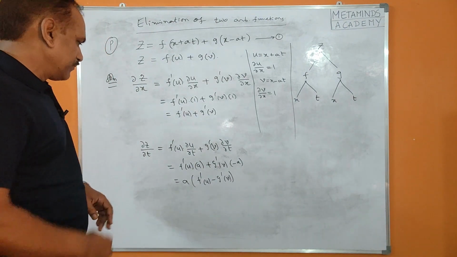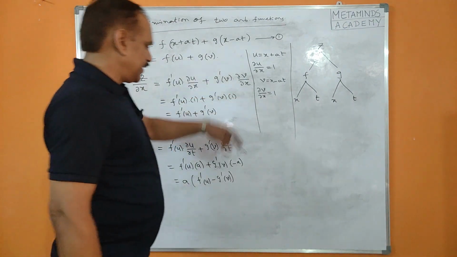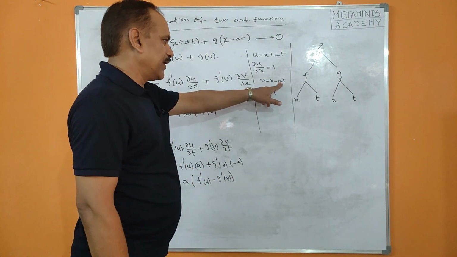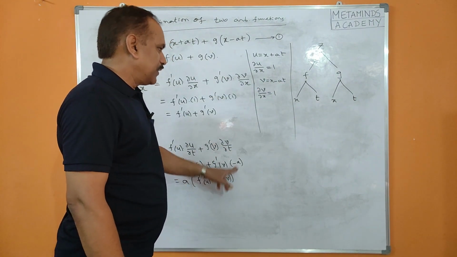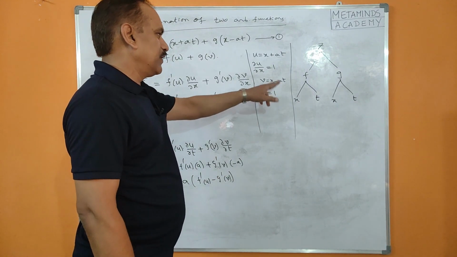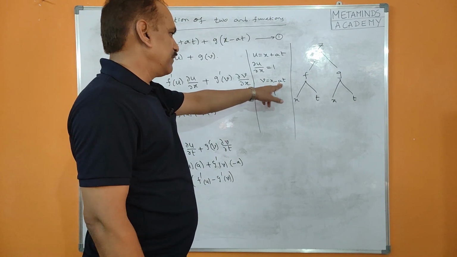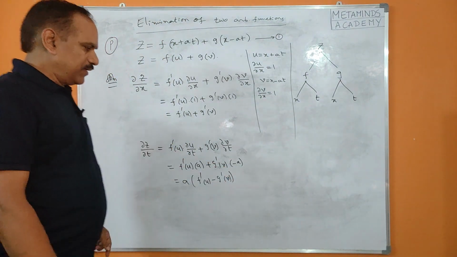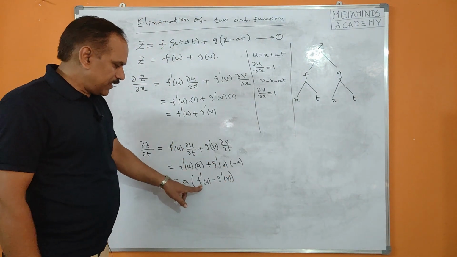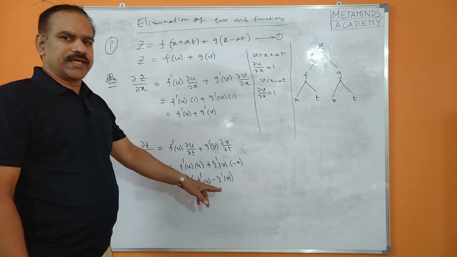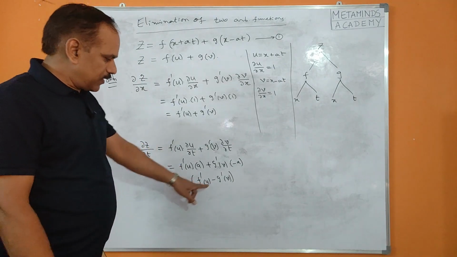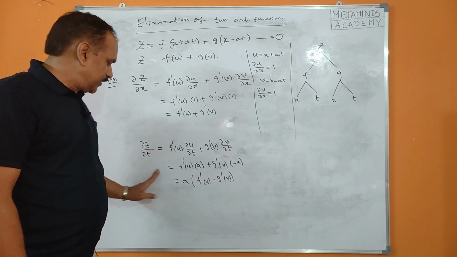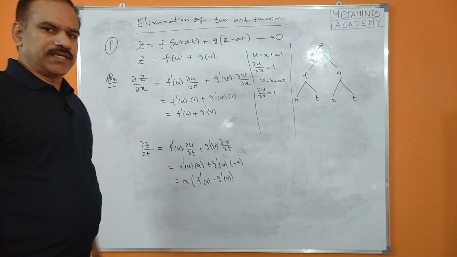And one time you differentiate this v with respect to t, you will get minus a. Another time you differentiate this again, you will get minus a again, so that minus a into minus a is plus a square, so that you will get f dash u plus g dash v again here. Right? How to get a positive sign here? You differentiate this again with respect to t, you will get a positive sign here.